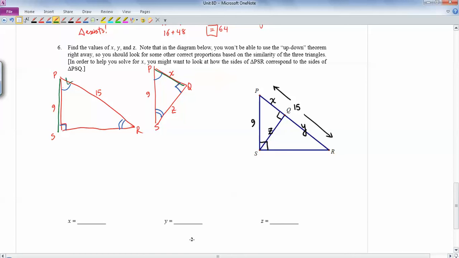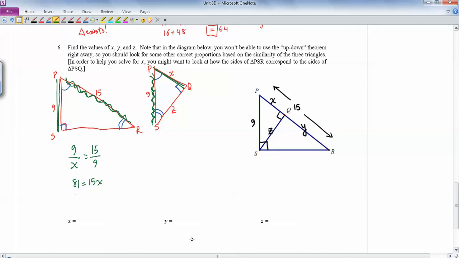And the 15 is between the 1 and 2 curves, so that goes with the 9. So I can set up a proportion: 9 over x equals 15 over 9. Then if I cross multiply, I get 81 equals 15x.